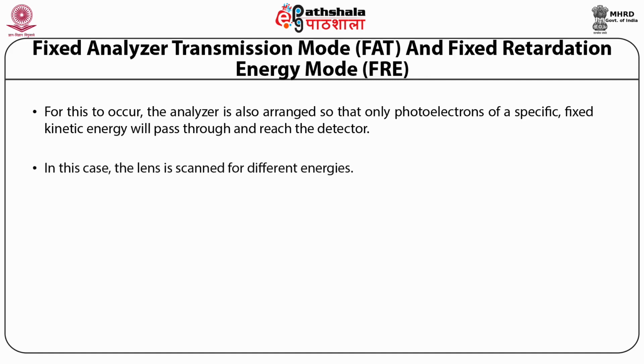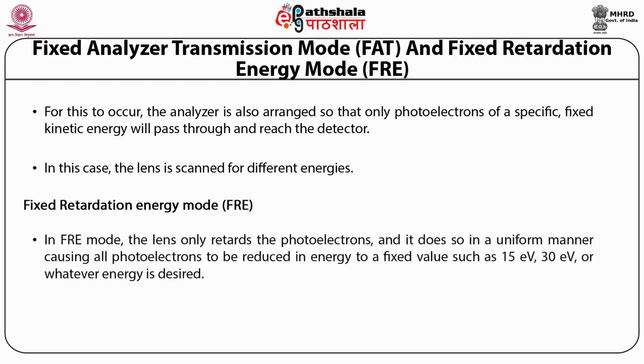In this case, the lens is scanned for different energies. Second one is the fixed retardation energy mode, or FRE. In FRE mode, the lens only retards the photoelectrons and it does so in a uniform manner, causing all photoelectrons to be reduced in energy to a fixed value such as 15 electron volts or 30 electron volts, or whatever energy is desired.